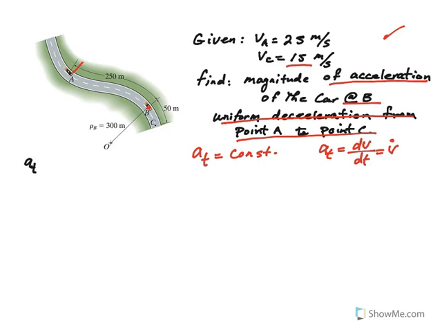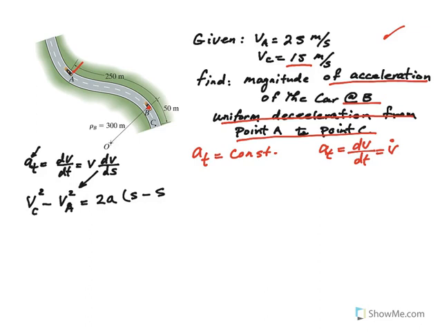You guys remember that a sub t, which is dv dt, is also v dv ds, right? And if we have constant a sub t, this eventually becomes v squared minus v0 squared equal to a (s minus s0). If you put the subscripts, your initial is point A and your final is point C, so you could use this.